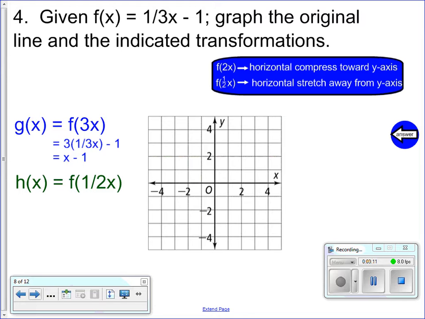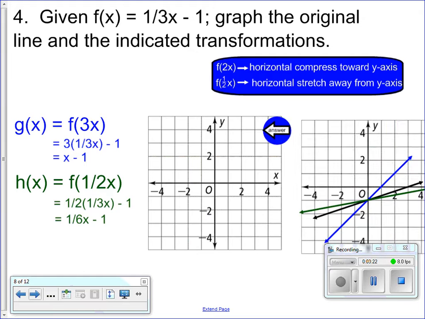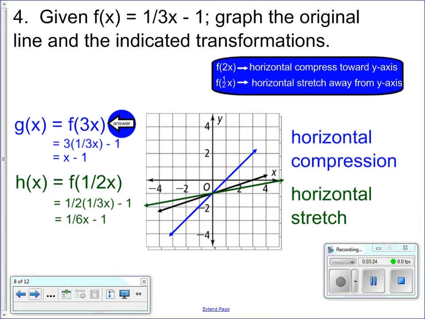In the second one, notice that the 1/2 is on the inside, which means we just multiply it by the x, and we get 1/6 x minus 1. So the black line is our parent graph, and then see the blue one, it was a whole number, so that's a horizontal compression, and the green one is a horizontal stretch.